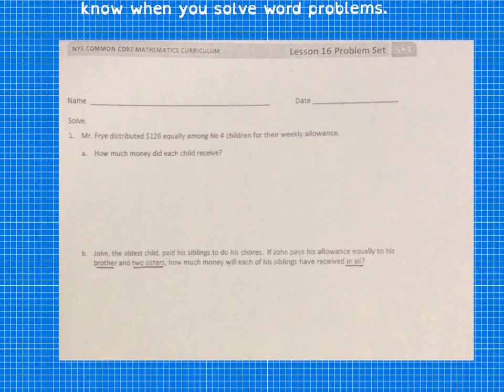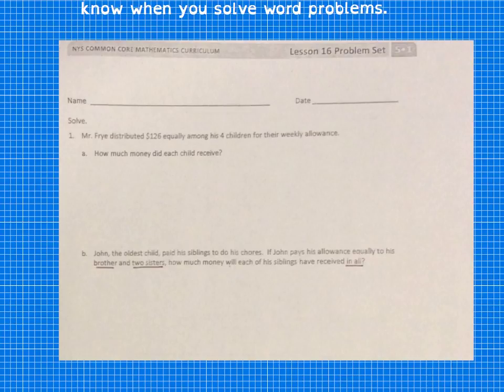When we look at this first word problem on your paper, you're following along with me on problem set lesson 16, number 1. Mr. Fry distributed $126 equally among his 4 children for their weekly allowance. Some keywords there are distributed, $126 equally among his 4 children.